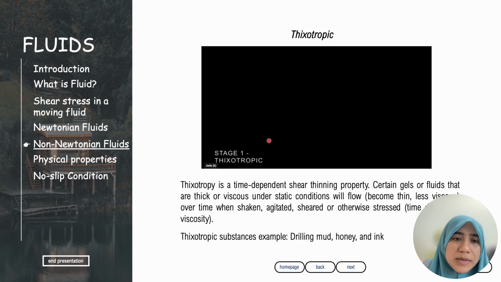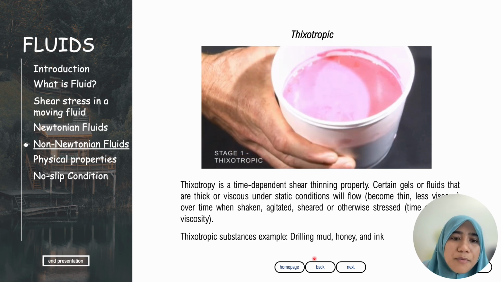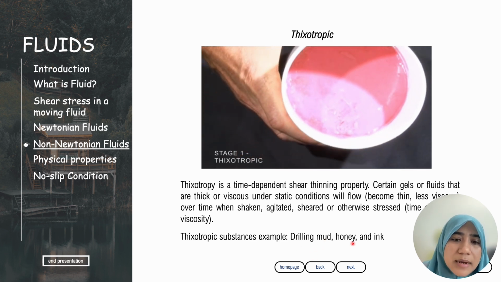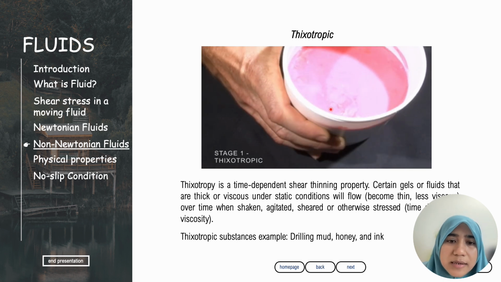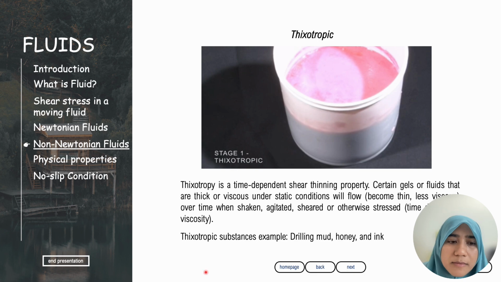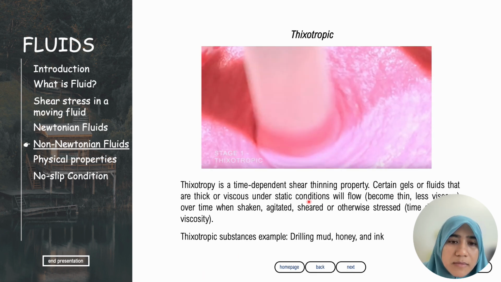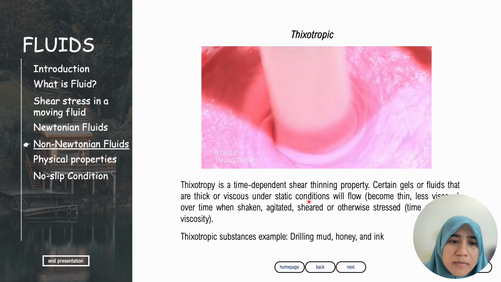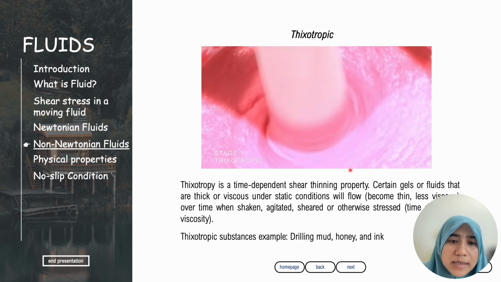Okay, you can see from this video the thixotropic. Other examples of thixotropic are drilling muds, honey, and ink. It is originally thick. When we shake, it becomes less viscous.